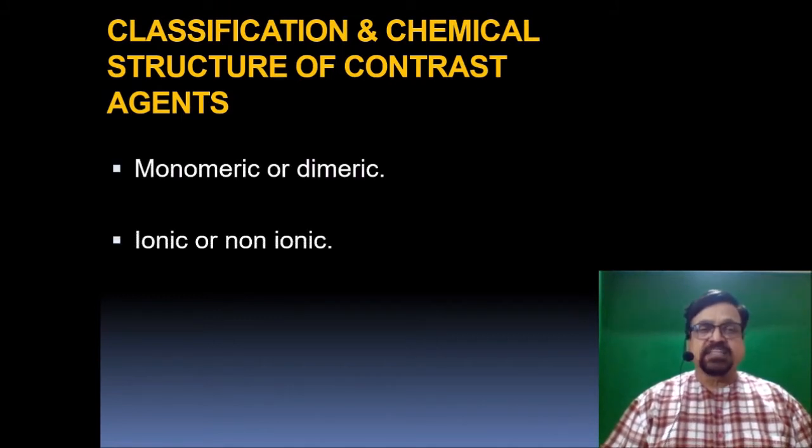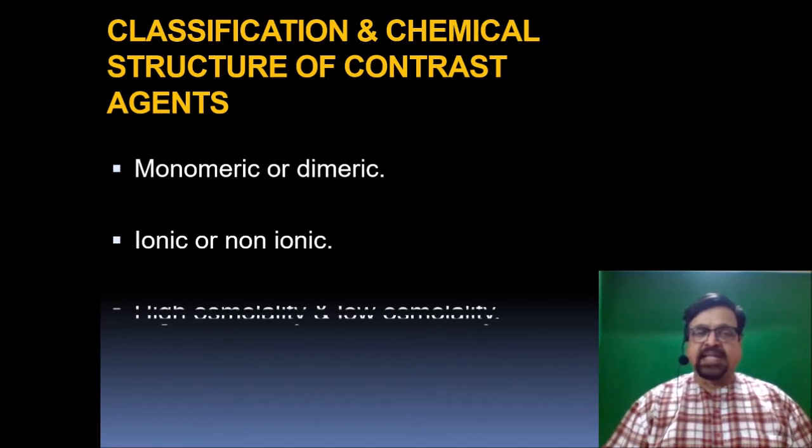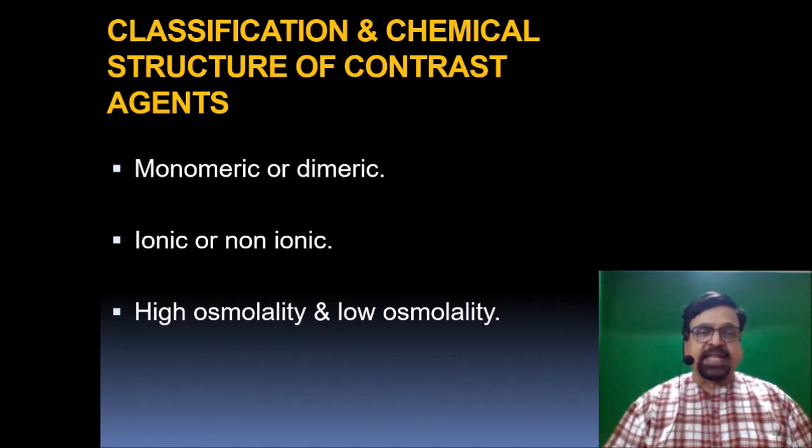Now what is the classification and chemical structure of these contrast agents? These are monomeric and dimeric. So monomeric and dimeric is the first classification. Second is ionic and non-ionic. For us the most important is the ionic or non-ionic type.